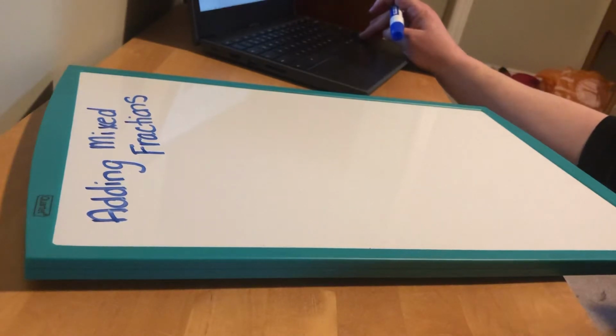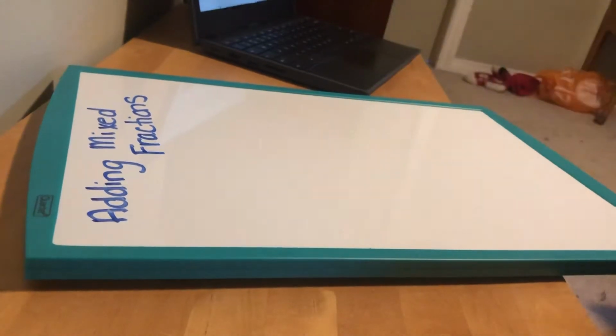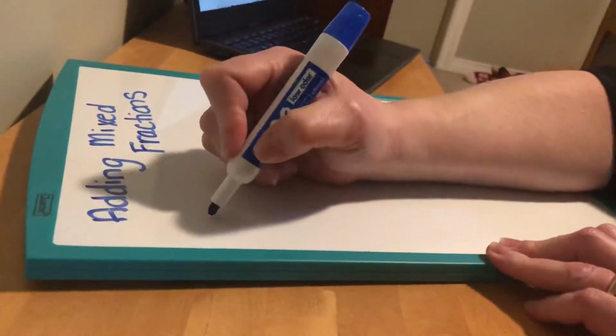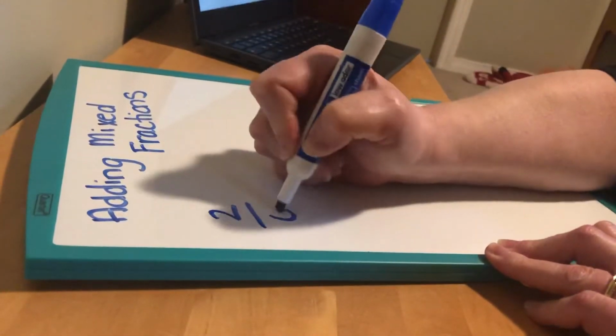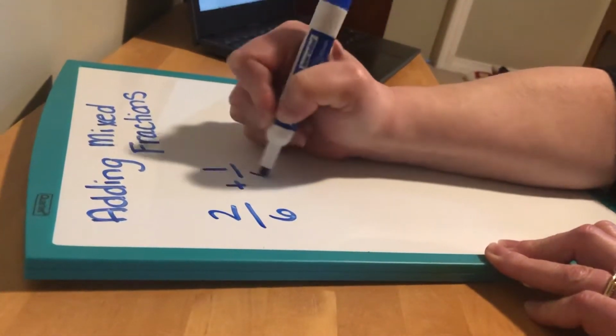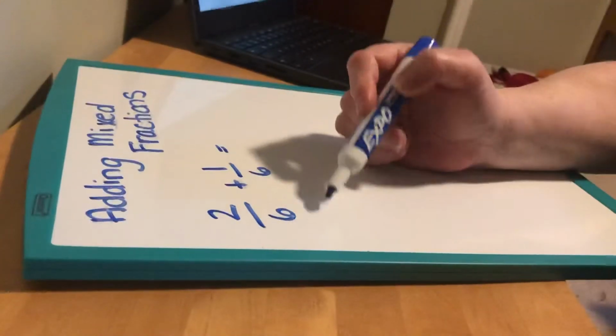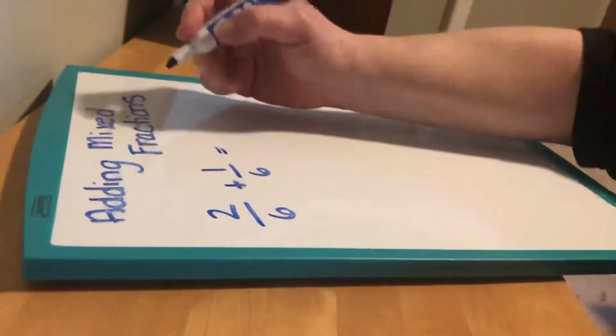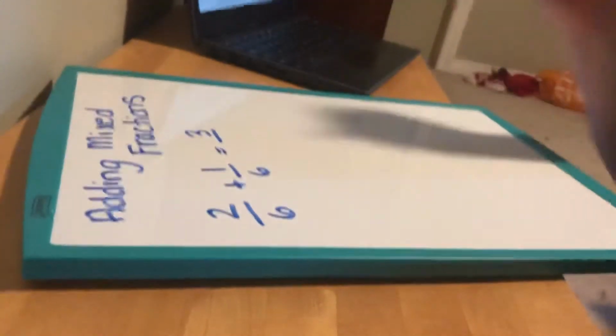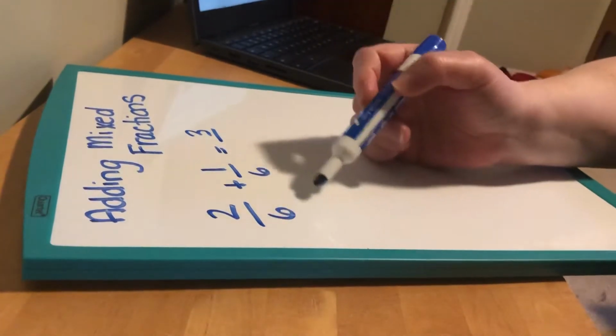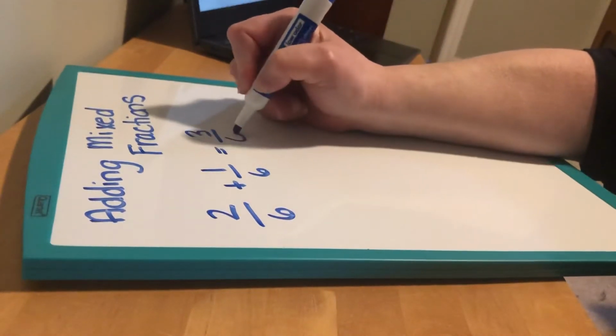We know that when we add fractions with like denominators, we add the tops and we bring the bottoms across. So for example, if we have 2/6 plus 1/6, then my numerators are different up here. So I add the numerators and the denominators. As long as they're the same, I can just bring them across.